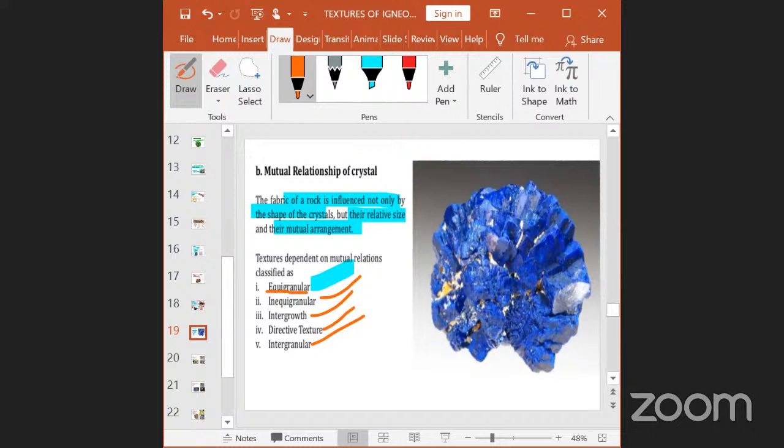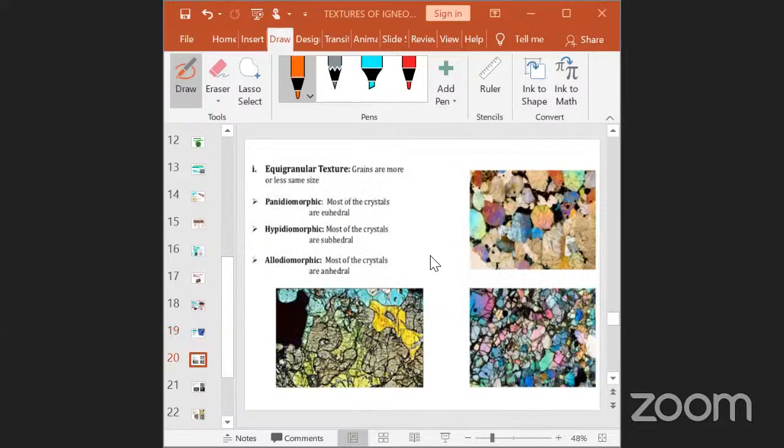And inequigranular texture: in igneous rocks, if the grain size difference becomes so pronounced that one set of grains is distinctively large and associated with another set which is much finer in size, then it is termed inequigranular. Some of the types of inequigranular.